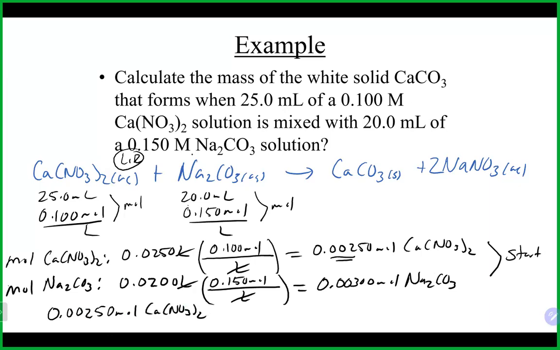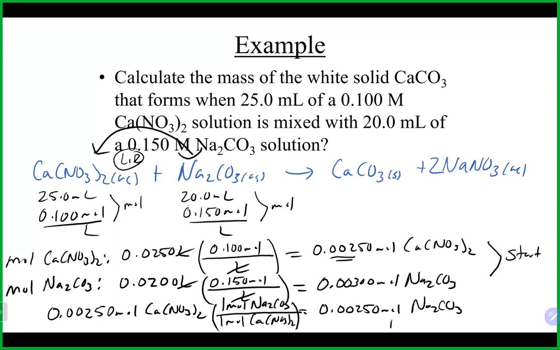Because we're doing our limiting reagent, we want the relationship between our two reactants, which happens to again be 1-to-1. It's not always 1-to-1, as you know, but in this case it worked out. 1 mole of calcium nitrate gets us 1 mole of sodium carbonate. That's going to give us 0.0025 moles of sodium carbonate needed in this calculation.